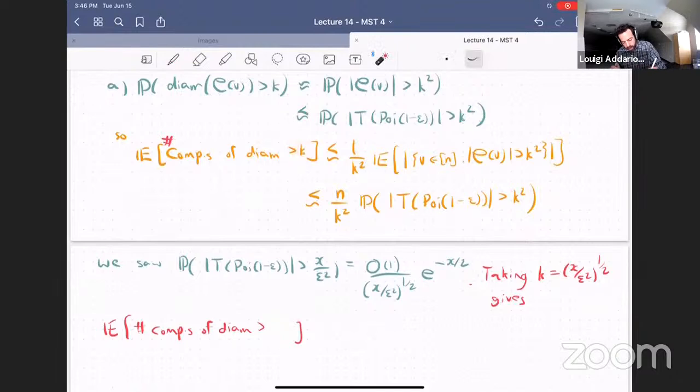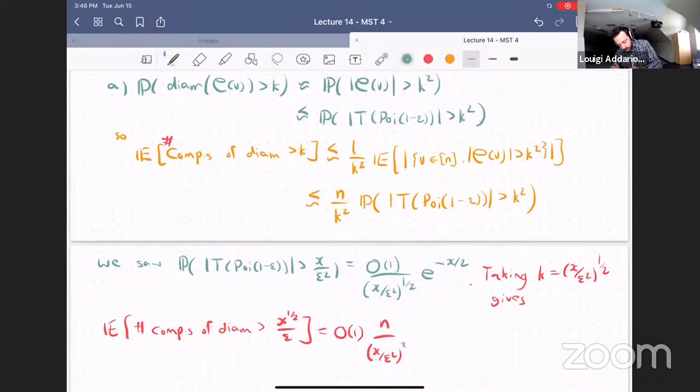This is a k and not a k squared. So diameter x on epsilon squared to the half, which is what? X to the half on epsilon is order 1. Then we have n over k squared, so x on epsilon squared, and then we have this upper bound here.